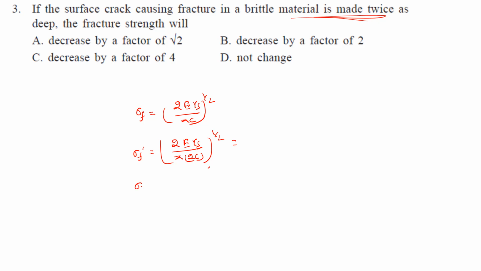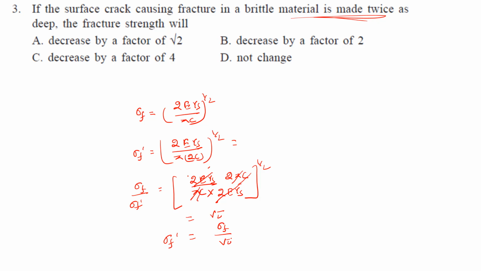If we divide both, we get root 2. Here it is asking if the surface crack is made twice, so sigma f dash is equal to sigma f by root 2.